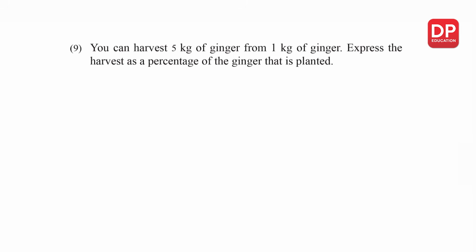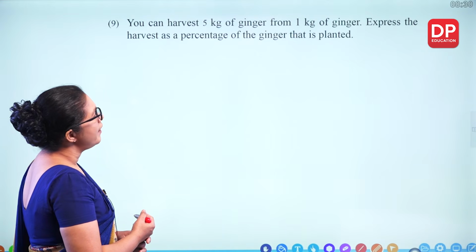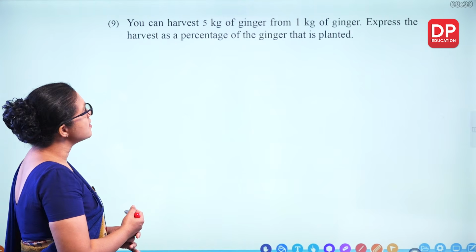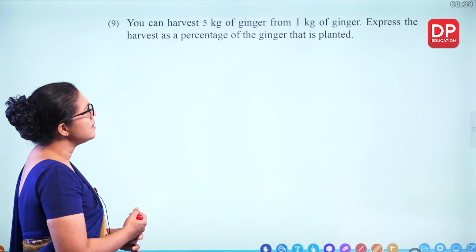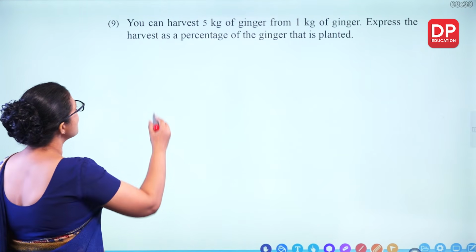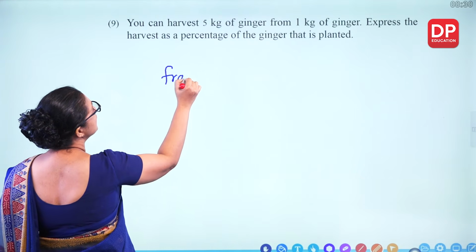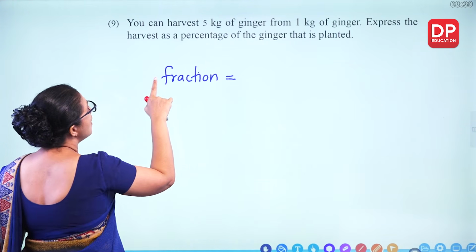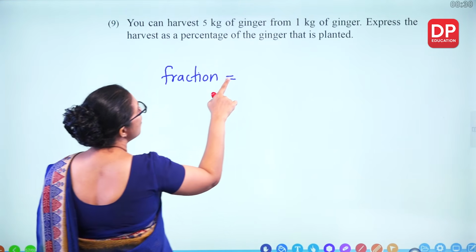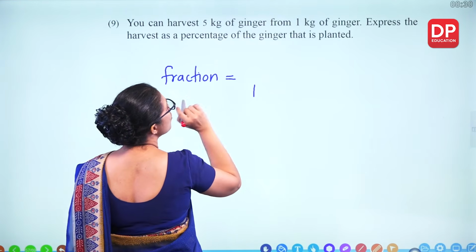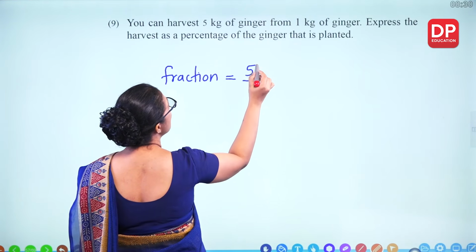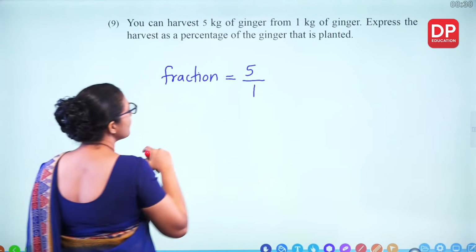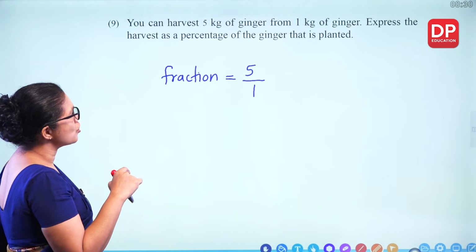You can harvest 5 kilos of ginger from 1 kilo of ginger. Express the harvest as a percentage of the ginger that is planted. So as a fraction first, out of 1 kilo you can harvest 5 kilos. So 5 over 1 as a fraction.